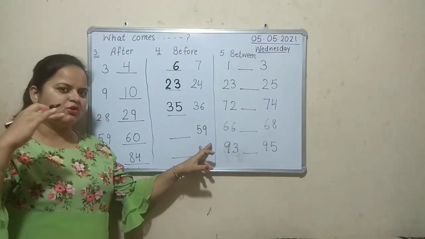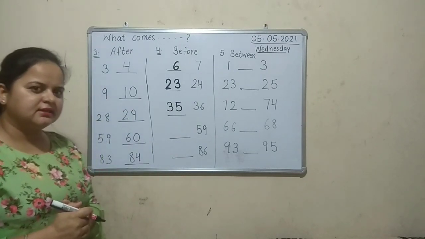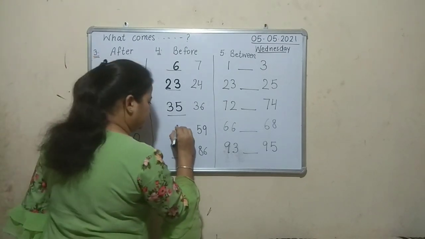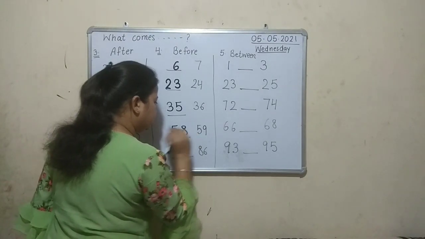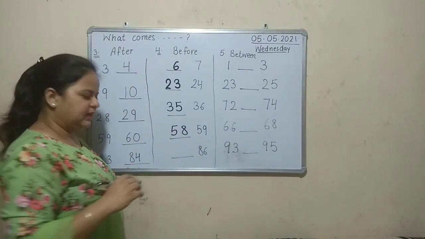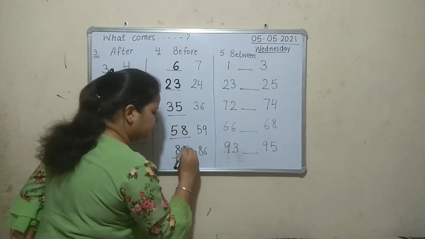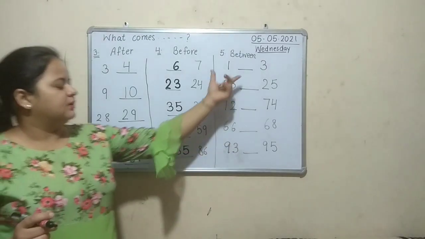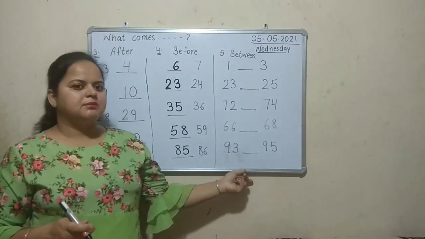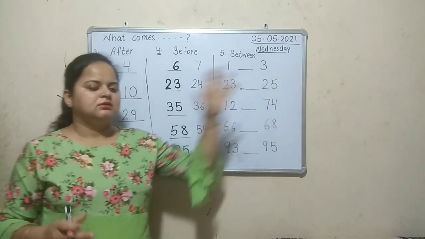And what comes before 59? 59 से पहले क्या लिखते हैं हम? Yes, 58. Good. 58. 86. 86 से पहले का नंबर 85. Good.